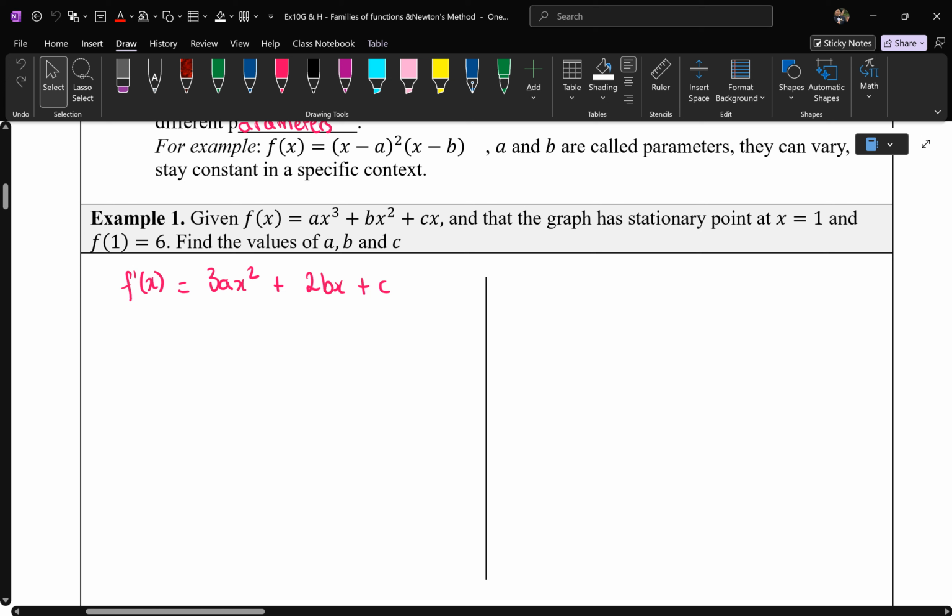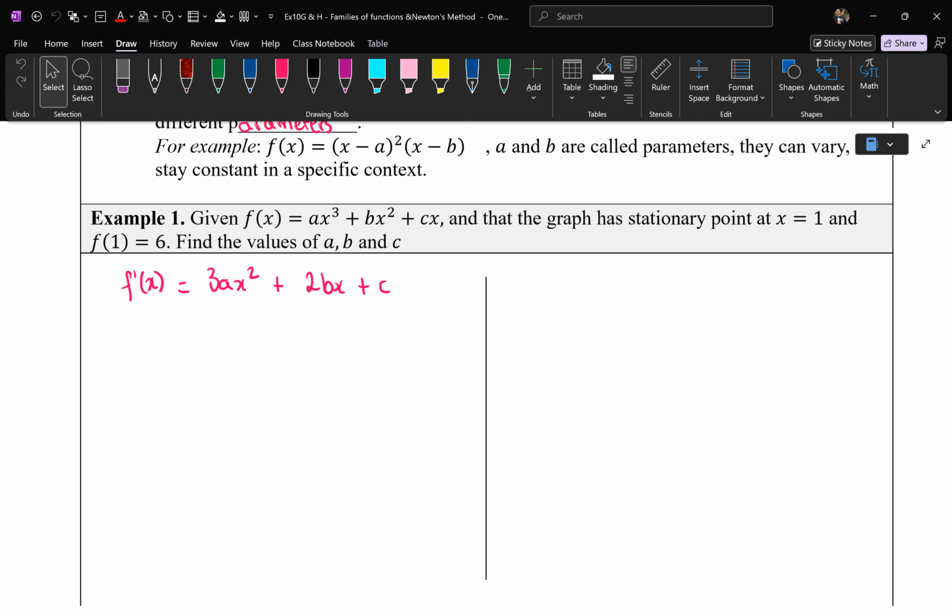Given f of x is ax cubed plus bx squared plus cx, we don't know what a, b and c are. That's your parameters. But if we did know a, b and c, then we'd have a particular graph. There are many, many possible values for a, b and c, so they have to give you a piece of information to figure out a, b and c for that particular context. Here, they've given you some information.